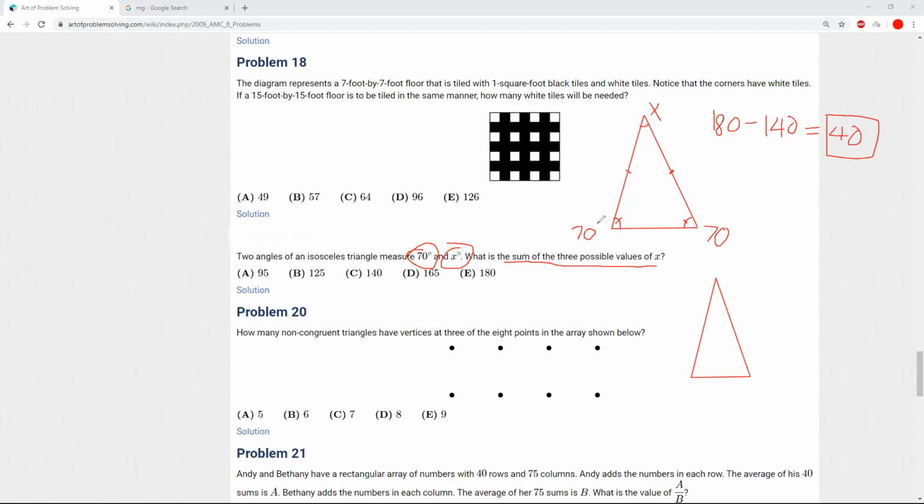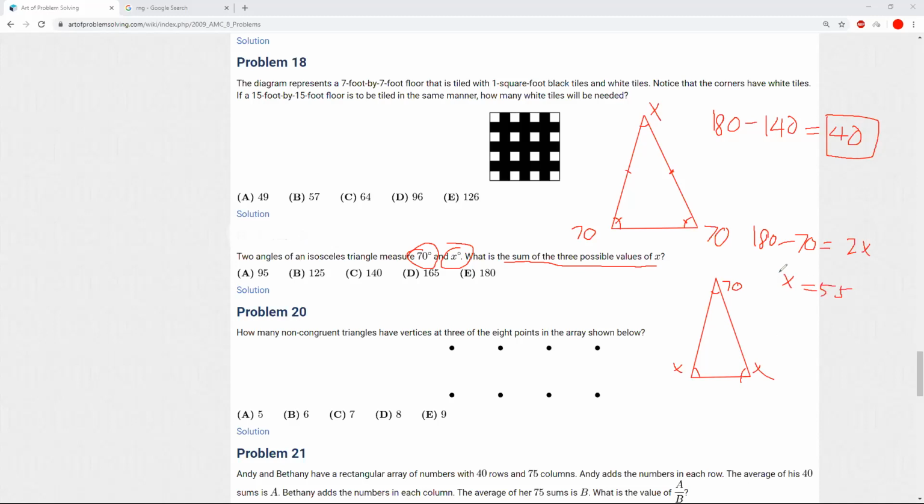Second possibility is if this top angle is 70, and then this angle is x, and this angle is also x. So then we get 180 minus 70 is equal to 2x. So therefore x is equal to 55.